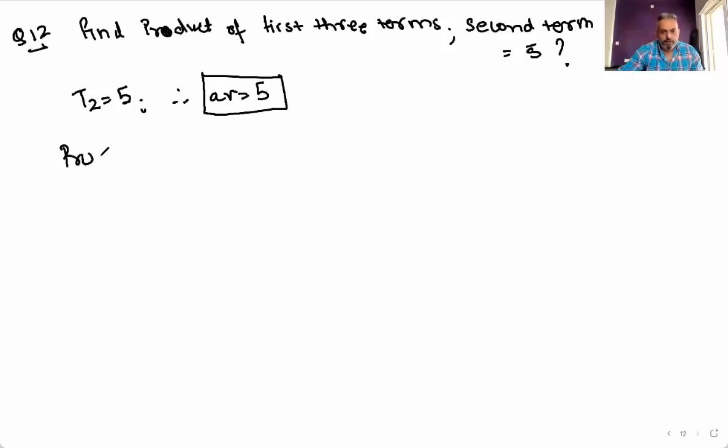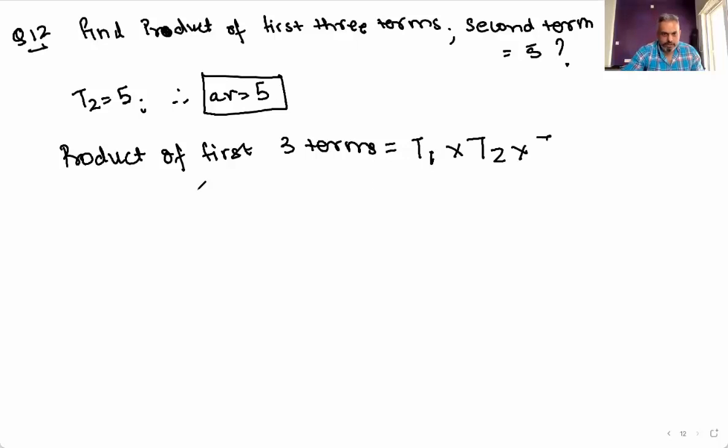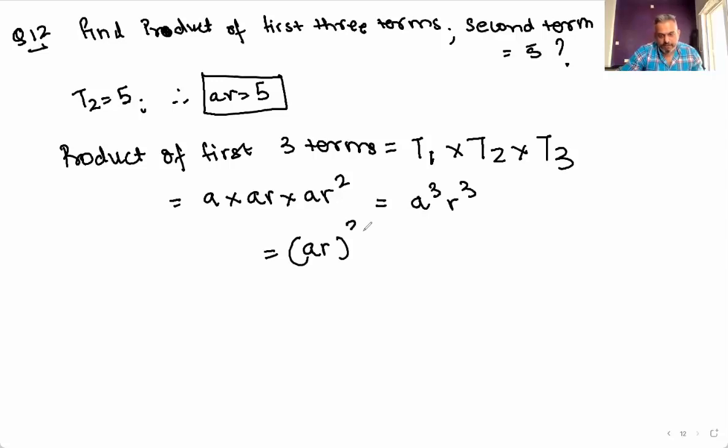Now product of first 3 terms is equal to T1 into T2 into T3, which is equal to A into AR into AR square, which is equal to A into A cube, R into R square, R cube, which is equal to (AR) whole cube.